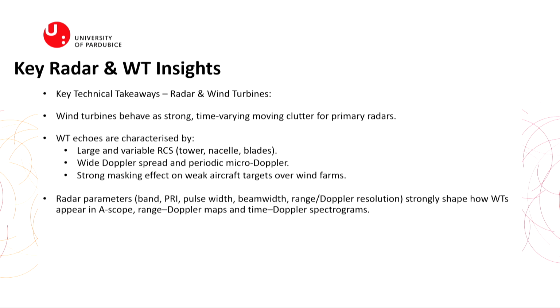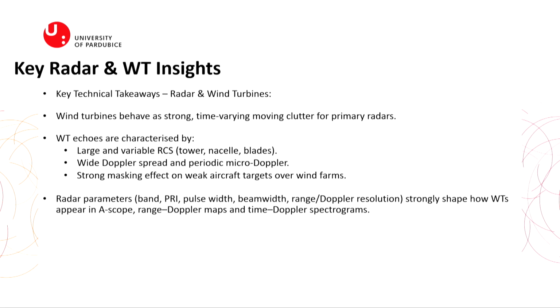So, before our future, what we can do, where could be improvement, you already know that wind turbines behave as strong time varying, and it is the worst moving clutter for primary radars. Close to an airport it could be a disaster.